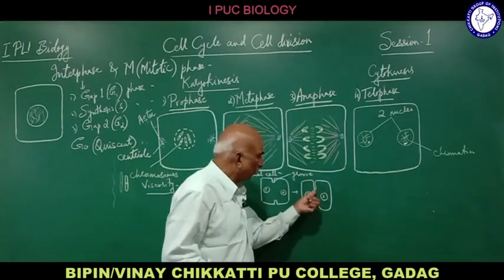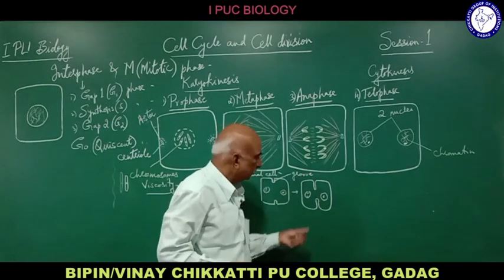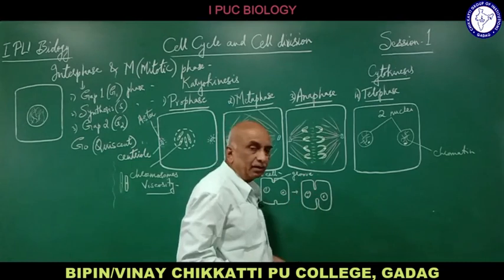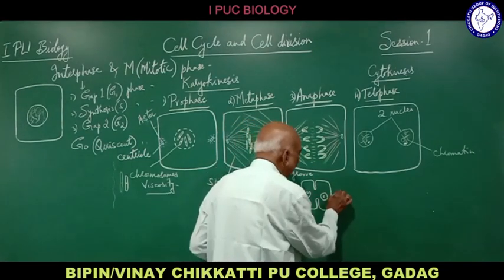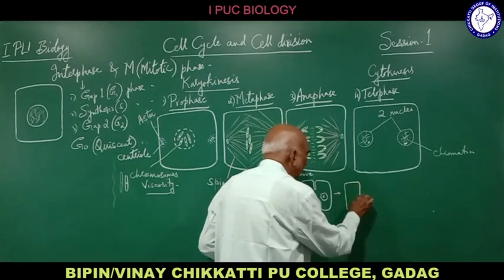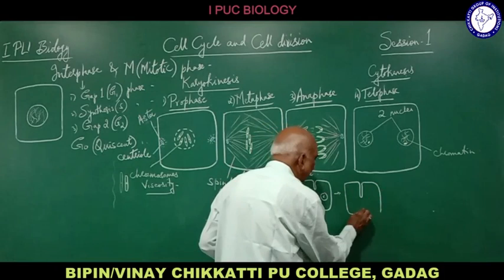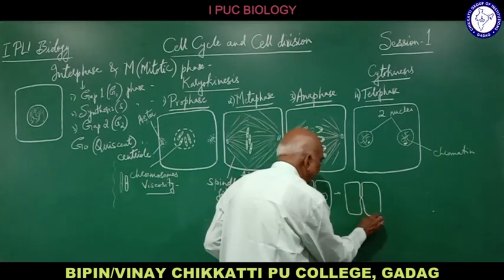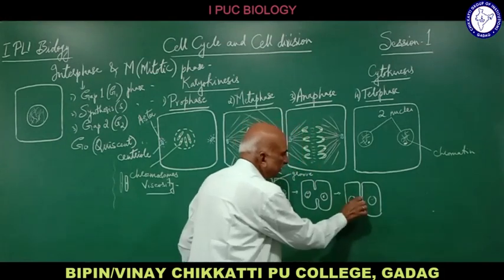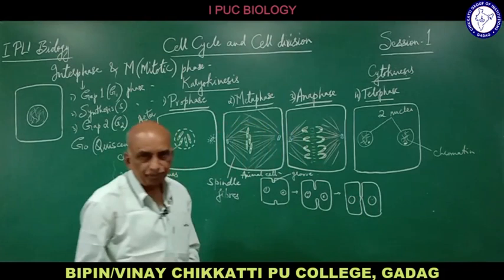So this groove or constriction will deepen into the cell cytoplasm. So both will move in the opposite direction, and then ultimately the two grooves meet each other, and thus the cytoplasm divides into two, and ultimately these two join and form two separate cells.